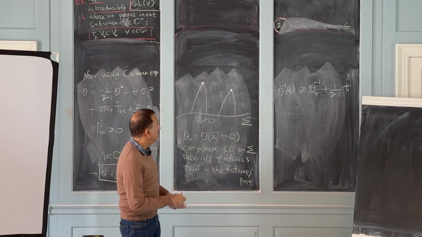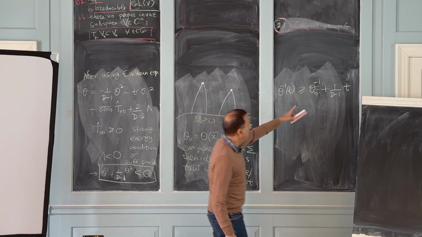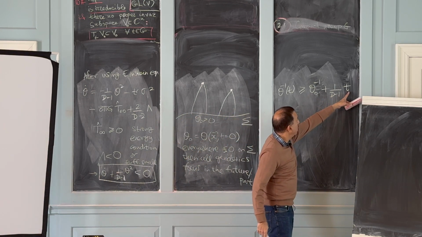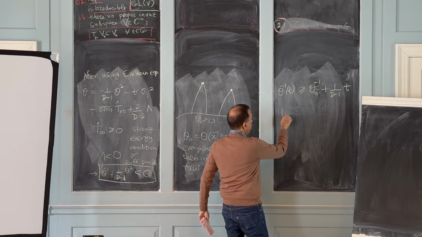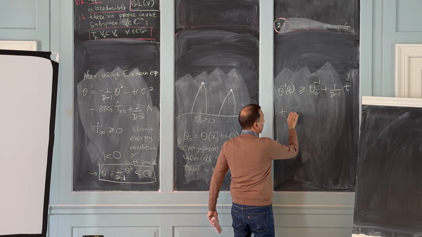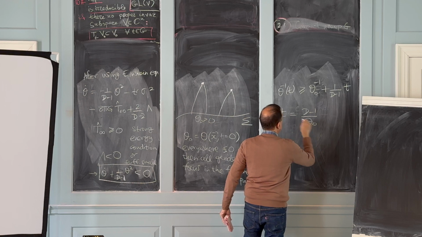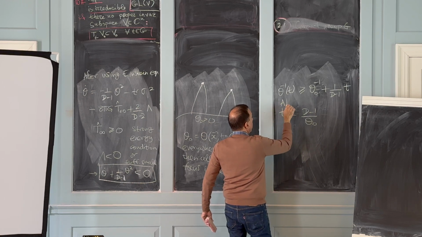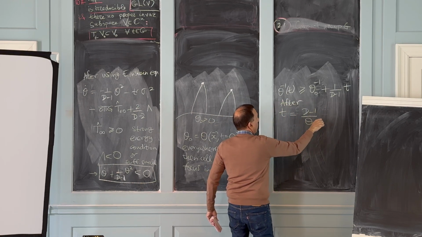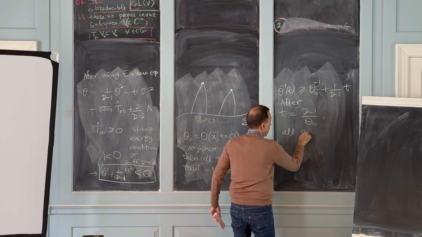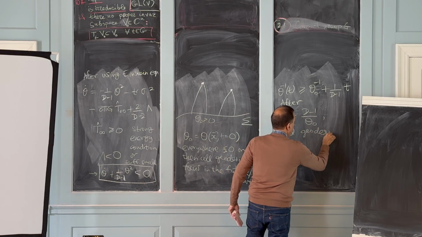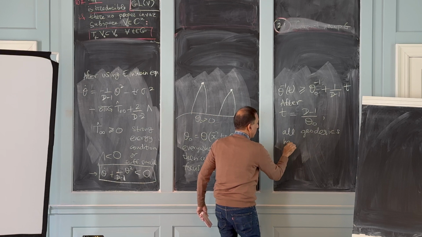Okay. Now, if this is negative, you see that after a sufficient amount of time, which is in fact t equals d minus 1 upon theta 0, all geodesics have focused.